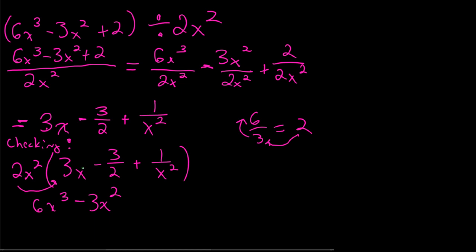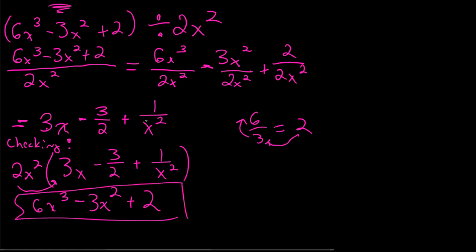Now if I bring 2 times x squared times 1 over x squared, the x squareds cancel. That leaves me with plus 2, and that's what I started with. So this is a reversible process. I can multiply, and I can divide back out to reverse the process of multiplication. And it works with polynomials.